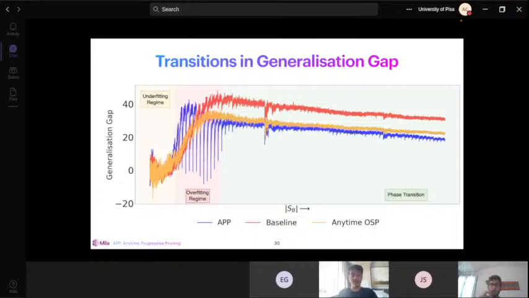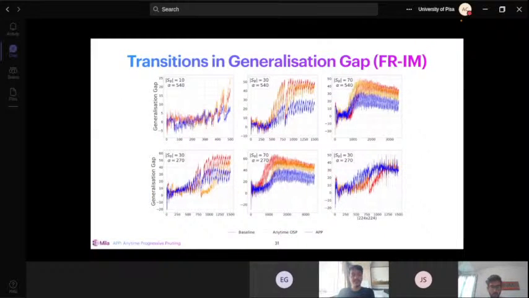But in general, this trend where it goes from the underfitting regime to the overfitting regime quite fast, and then smoothly keeps dropping into this phase transition like plot, is consistent for all our analyses where the number of megabatches was quite large. We see the exact same trend for the few-shot restricted ImageNet as well.